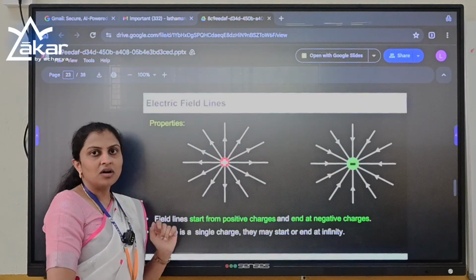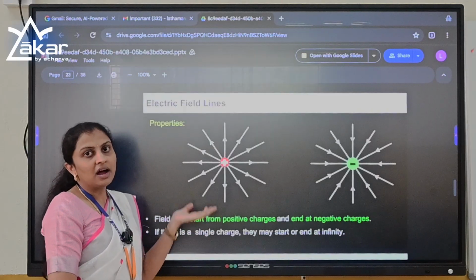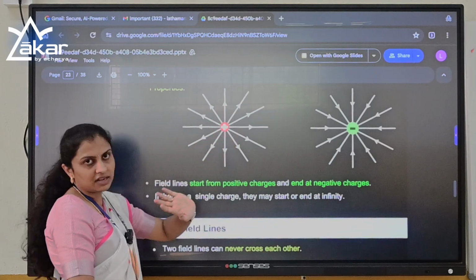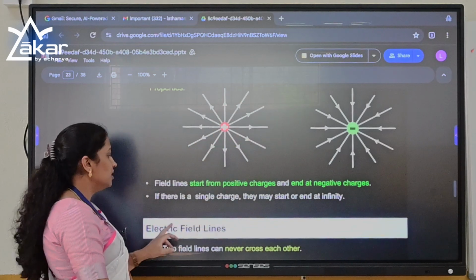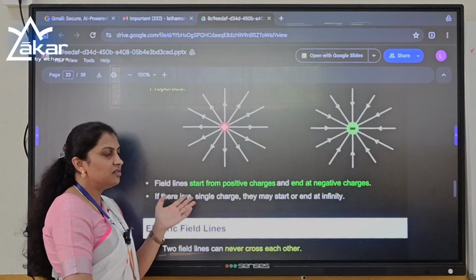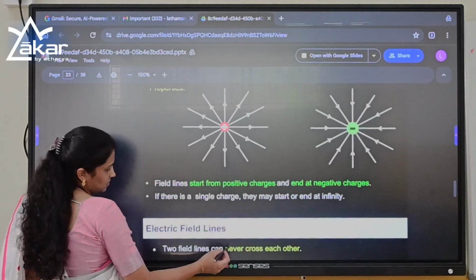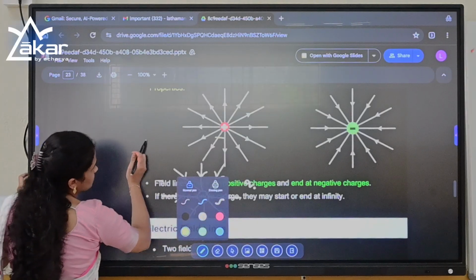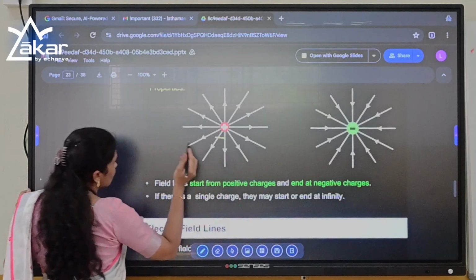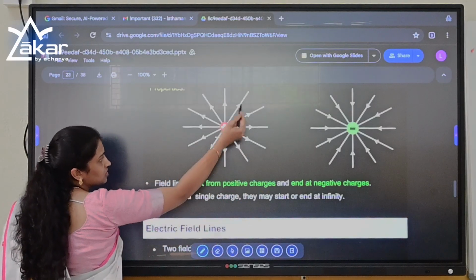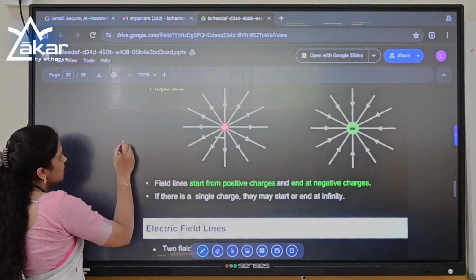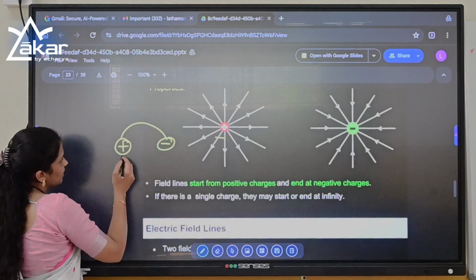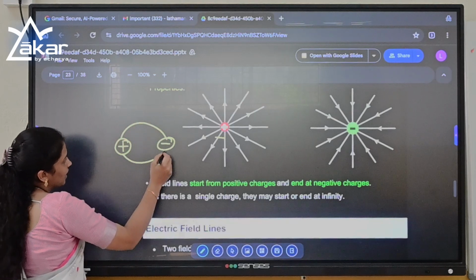The next property is that field lines always start from positive and end at negative. If you take a single charge, it shows the direction outward or inward. If you take two charges, positive and negative, the field line shows the direction starting from positive to negative like this.